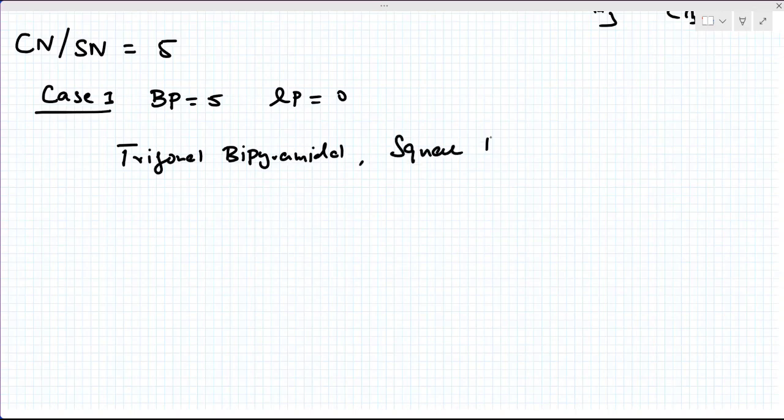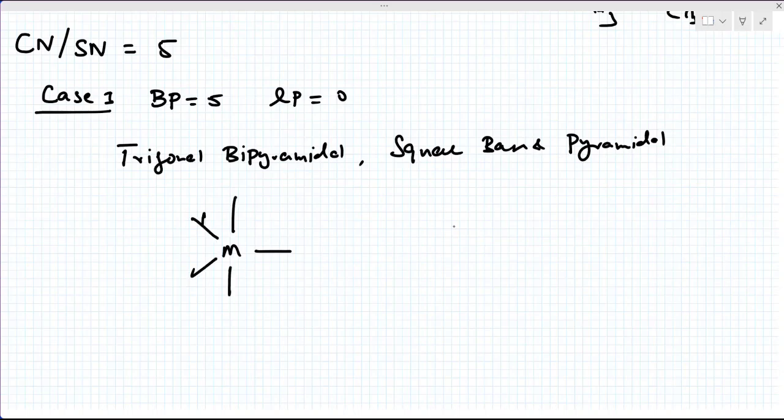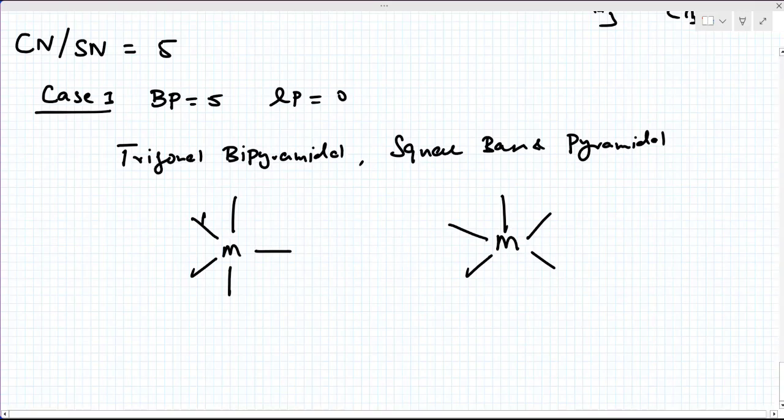Square base pyramidal. This is trigonal bipyramidal, metal with 1, 2, 3, 4, 5. This is square pyramidal, metal with 1, 2, 3, 4. This is square base pyramidal, and this is trigonal bipyramidal. Please note, very, very important.